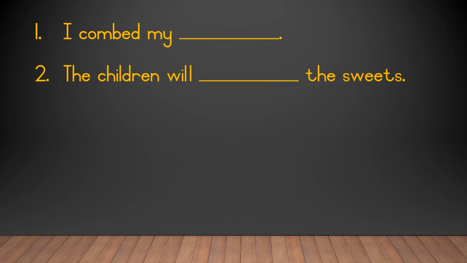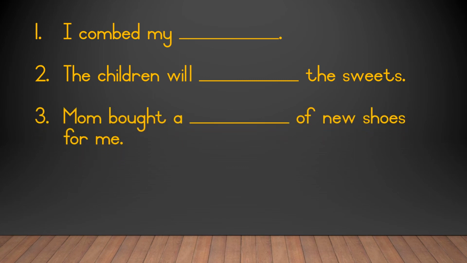Now I want you to write these sentences down. Then you go back to the video where the 7 words are and you go look which words are the ones that fit in. Each word can only be used once. The sentences are: number 1, I combed my what? Number 2, the children will what the sweets?